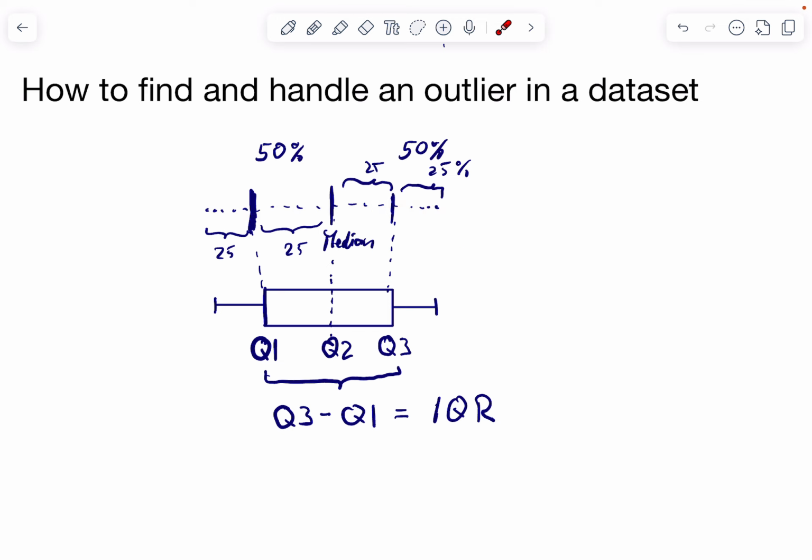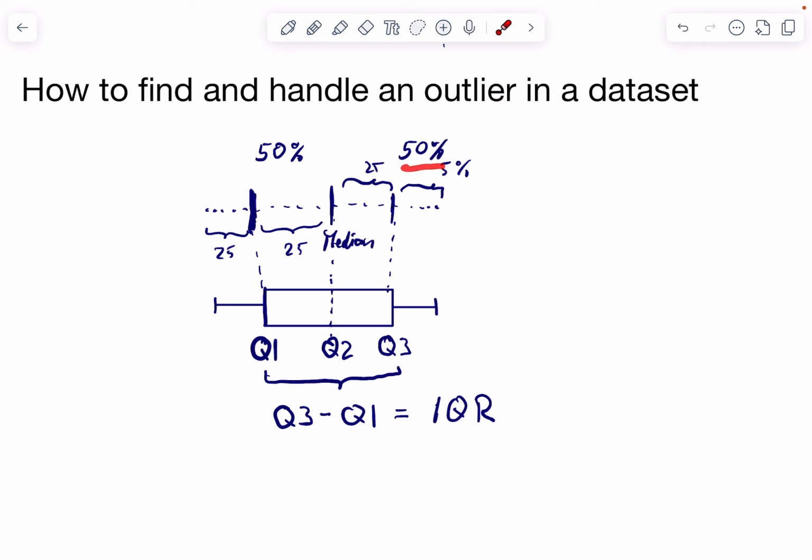ascending order. We can calculate a median of this data set, and this median splits the data set basically into a 50% lower range and a 50% upper range. That's this part here.